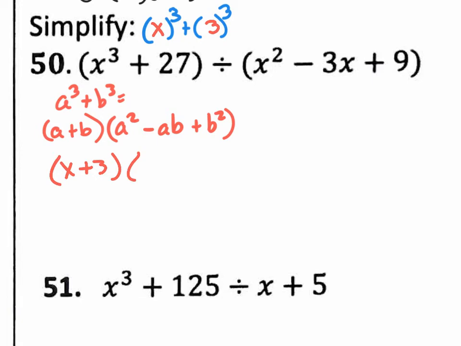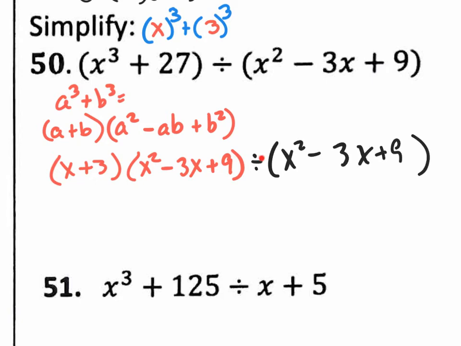A squared, that happens to be x squared, minus a times b, that's going to be x times 3, which is really just 3x. And then plus b squared, which is 3 squared, which is 9. So ladies and gentlemen, I've rewritten this as this. And we still have the divided by this quadratic trinomial. So I want to put divided by that quadratic trinomial.